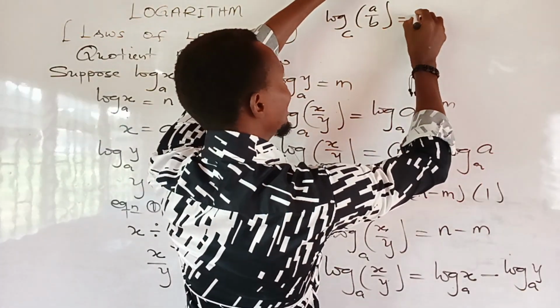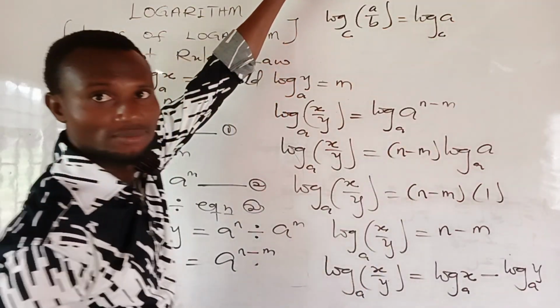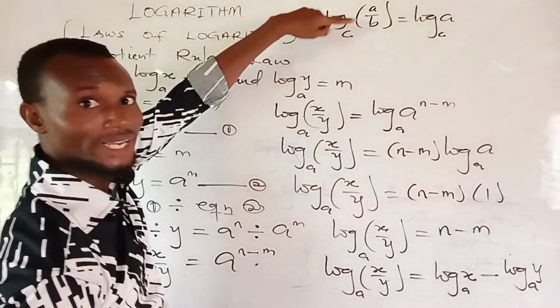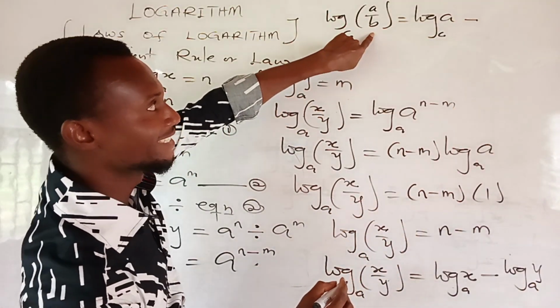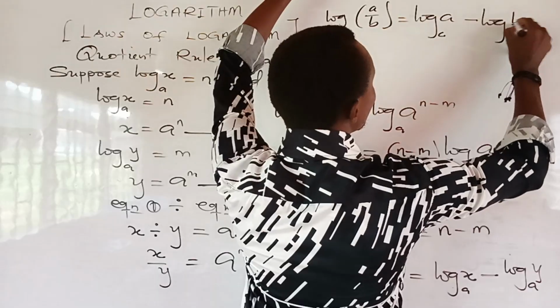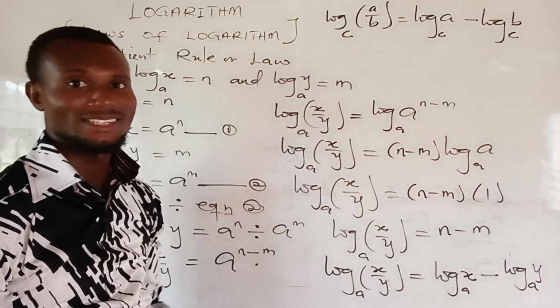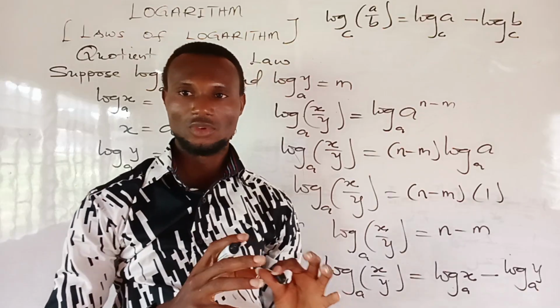So we are going to write it as log a to the base c, because the base is c. Then you bring a minus sign, and this log will affect the denominator. So log b to the base c. As simple as that. That's the quotient rule or law.